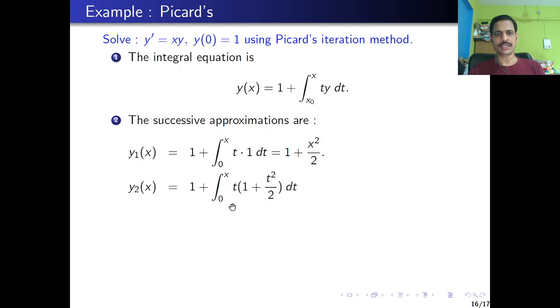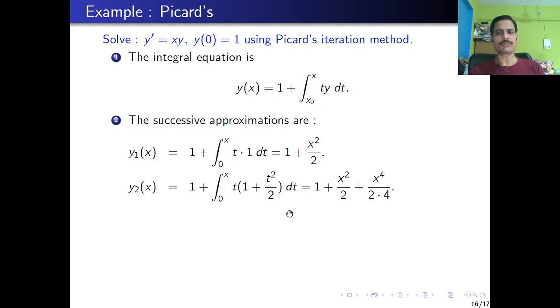So on this integration we get 1 plus t square by 2, and this will give t raised to 4 by 2 into 4. And when you substitute the limit, we get 1 plus x square by 2 plus x raised to 4 divided by 2 times 4.